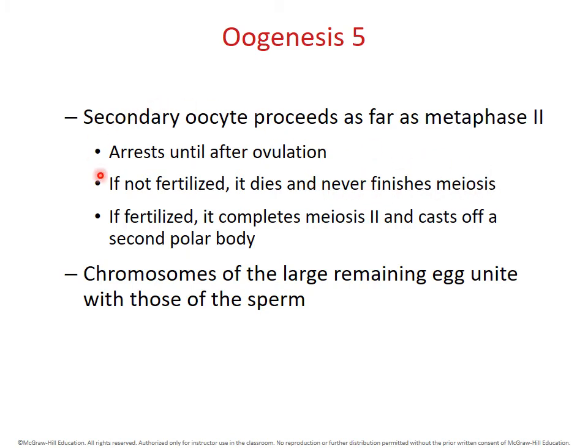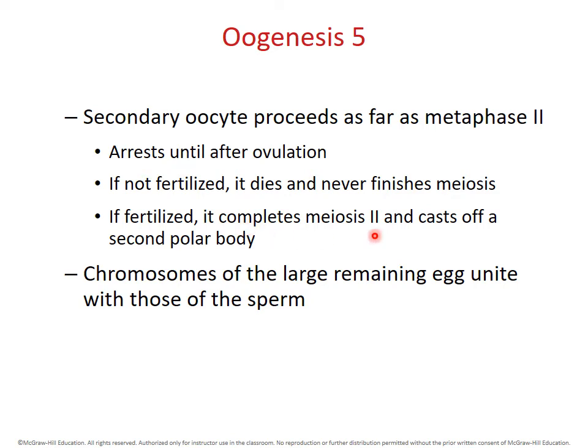If, however, it is fertilized, the penetration of the secondary oocyte by the sperm cell is the trigger, the stimulus, for that secondary oocyte to then go ahead and complete the second meiotic division. So the secondary oocyte doesn't even bother finishing the second meiotic division unless it's fertilized.